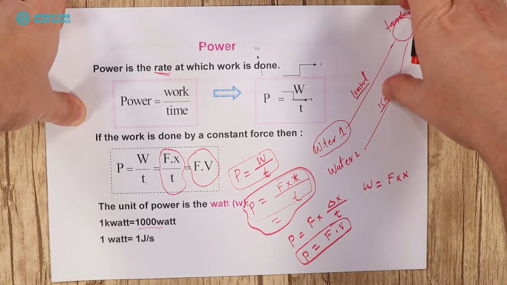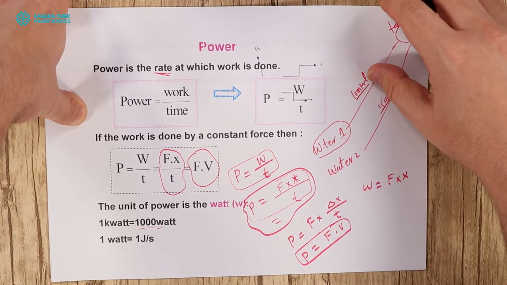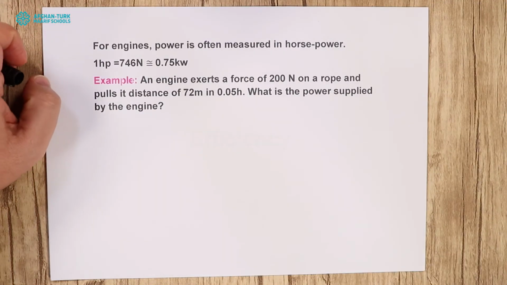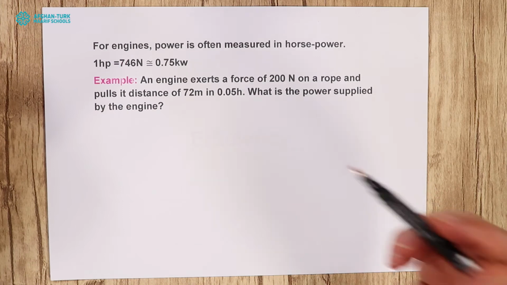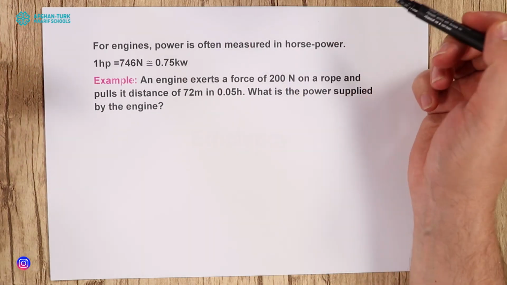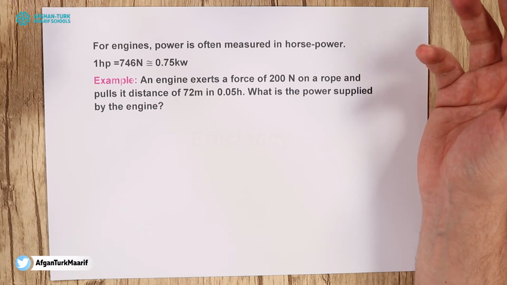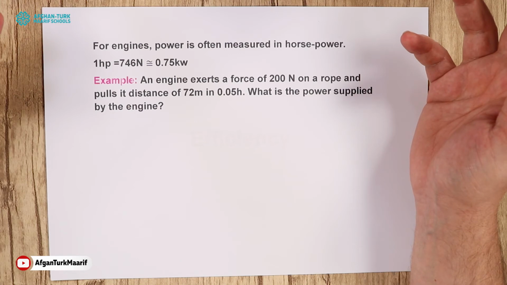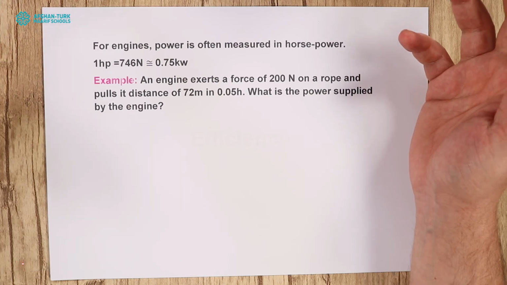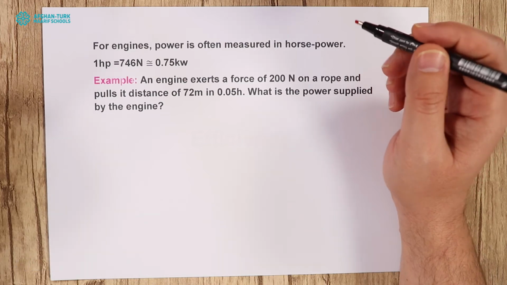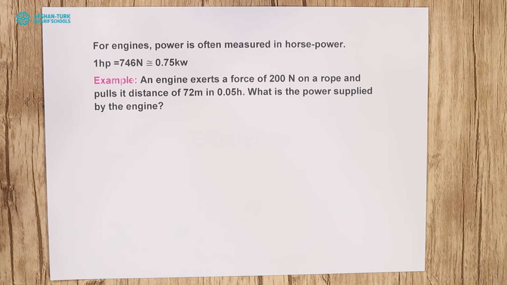Okay, let's move to the next page to know more about power. For engines, power is often measured in horsepower. Whenever you buy a water motor or any type of machine in a bazaar, they usually say the horsepower of this machine is this much.